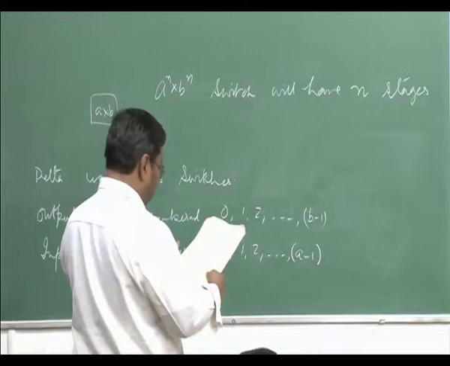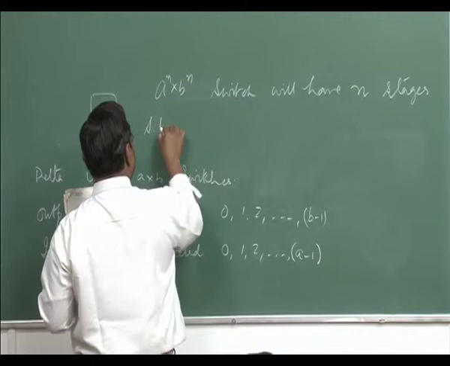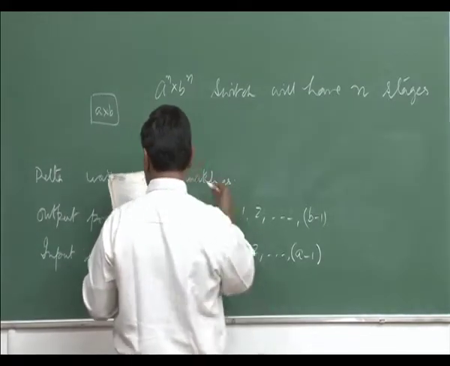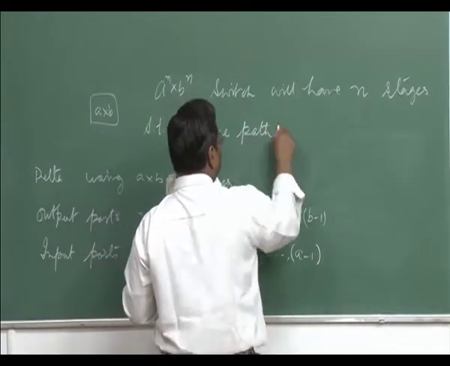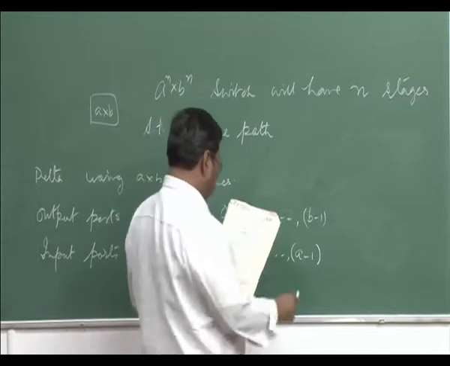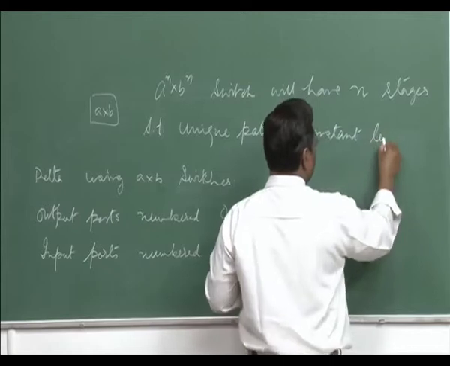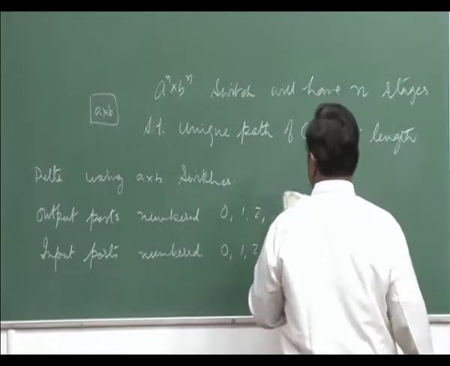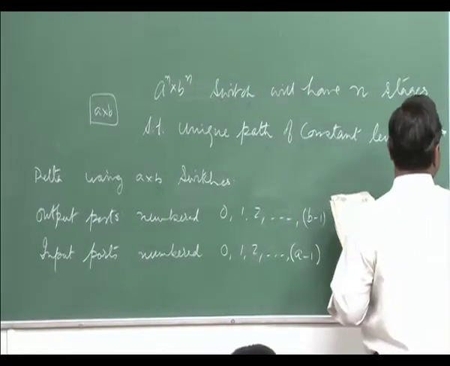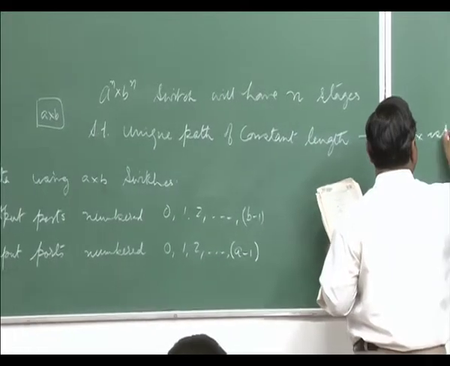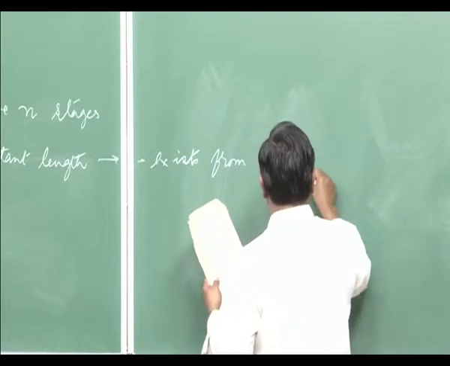So, it will have n stages such that a unique path, that is a condition for a Banyan network, of constant length exists from any input to any output.